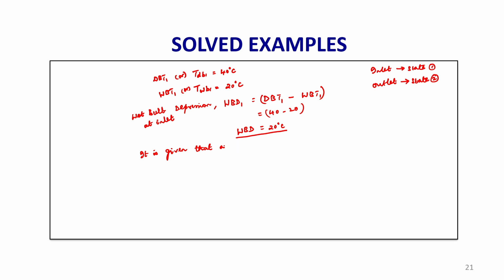It is given that wet bulb depression at exit or outlet is equal to 25% of wet bulb depression at inlet.